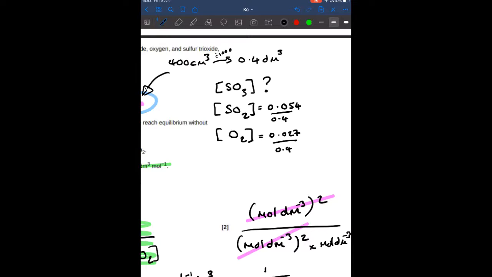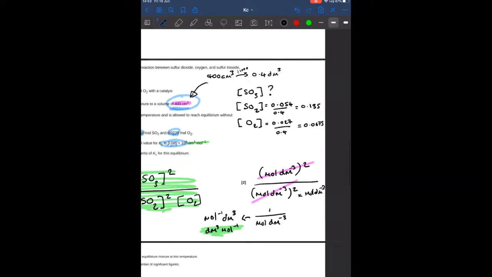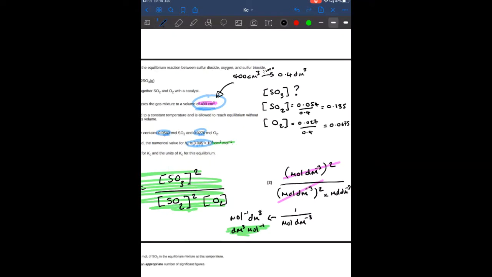Give you a pause if you want to work it out for yourself. Equals 0.135 equals 0.0675. Don't worry, mental maths isn't that great. I have got some notes jotted down where I've already gone through the calculation, just so that I don't spend loads of time and all you hear is me tapping away at a calculator.